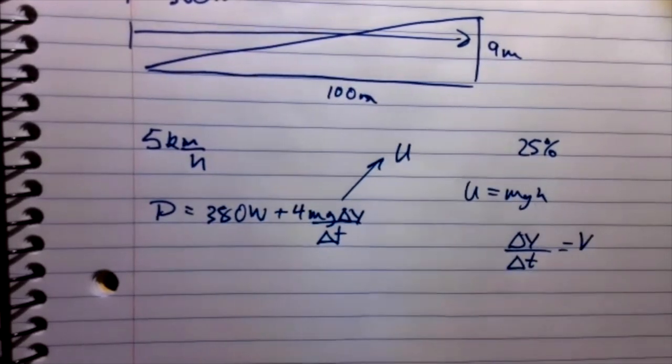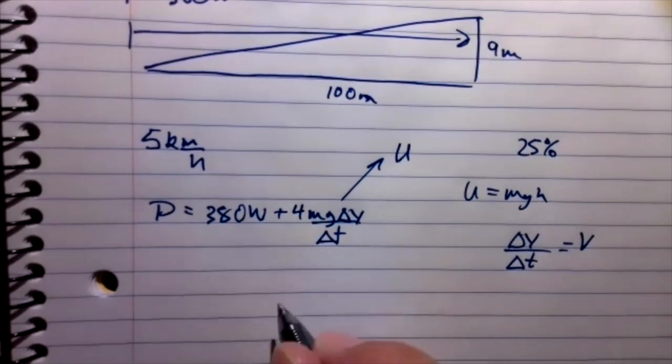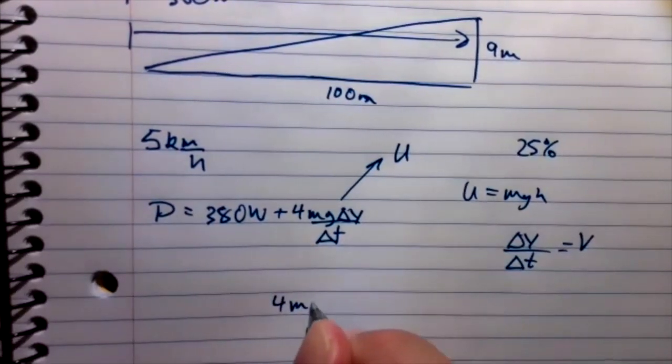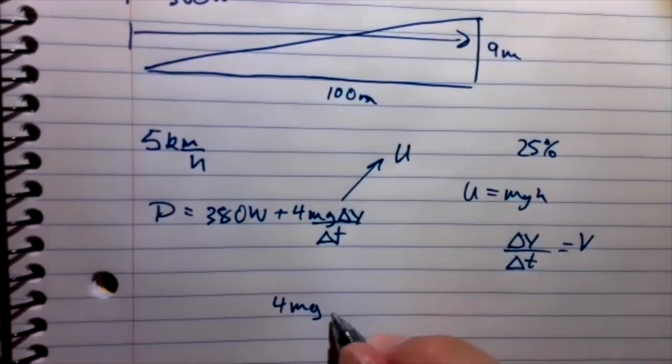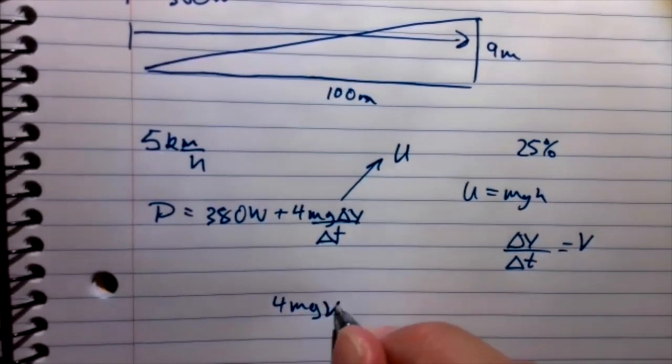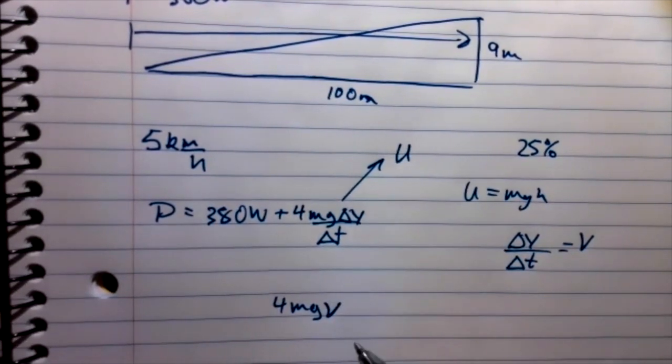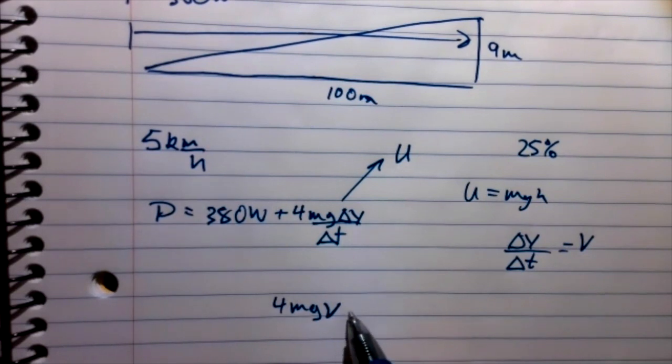And so here in this term, we're going to have 4 mg times v.